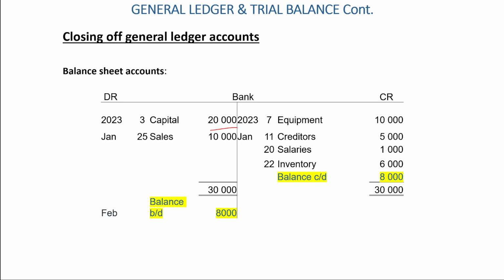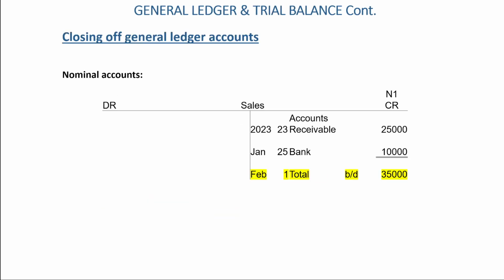Then in the month of February 2023, the balance will be brought down from the previous month, which is January, and therefore we'll start the month with a balance of 8,000. So this is just to summarize the balance sheet accounts, how we balance them, and the explanation of balance brought down and balance carried down.